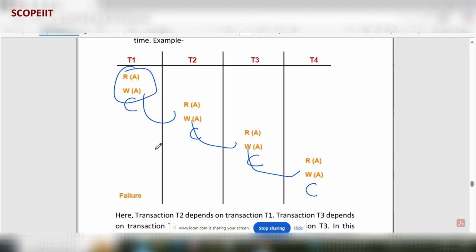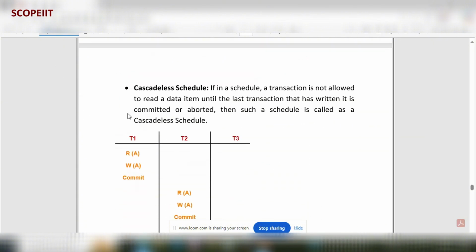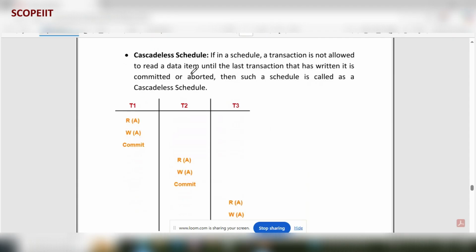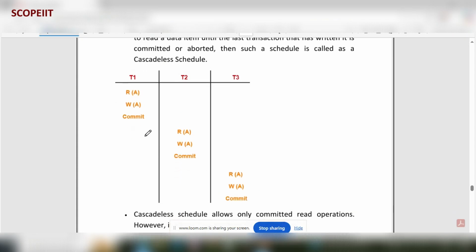In a cascading schedule, there is no commit. One transaction will fail, it will make the other transaction also fail. Now see, this is your cascadeless schedule. Cascadeless means one transaction will not affect the execution of another transaction. Got it? So what is the solution of cascading? Commit. So you can see commit after each transaction. So this is nothing but a cascadeless schedule.